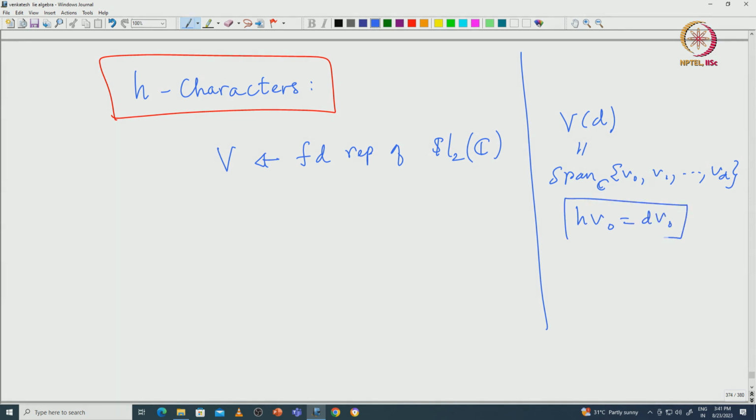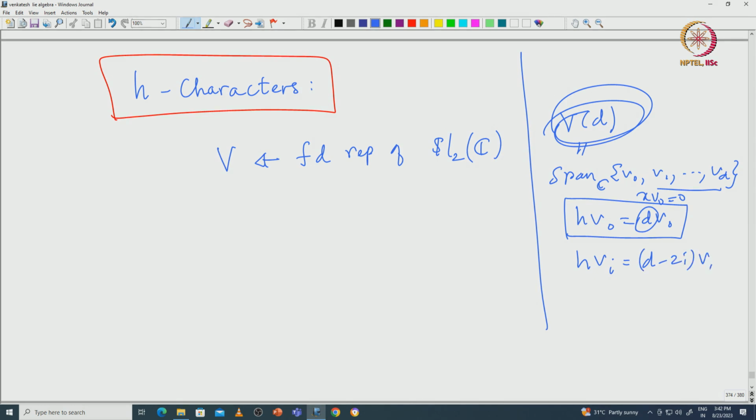That determines what happens to the H action on other vectors, and more or less this H action determines the representation completely. Okay. All we need is to know what happens when you apply H on this V naught, where x V naught should be 0. So, once you recover this d, then you recover this entire representation. Okay.